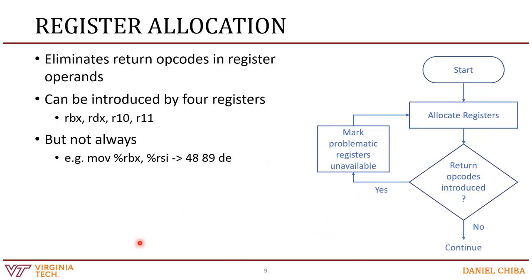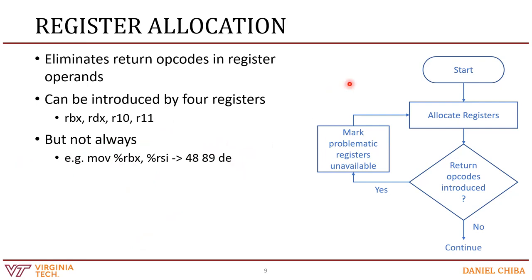Register allocation is the second method, and this targets return opcodes contained in register operands. So there are 4 registers that could introduce return opcodes when used as operands. They don't always introduce them. So, for example, in this case, RBX is being used, but this instruction doesn't actually contain any return opcodes.